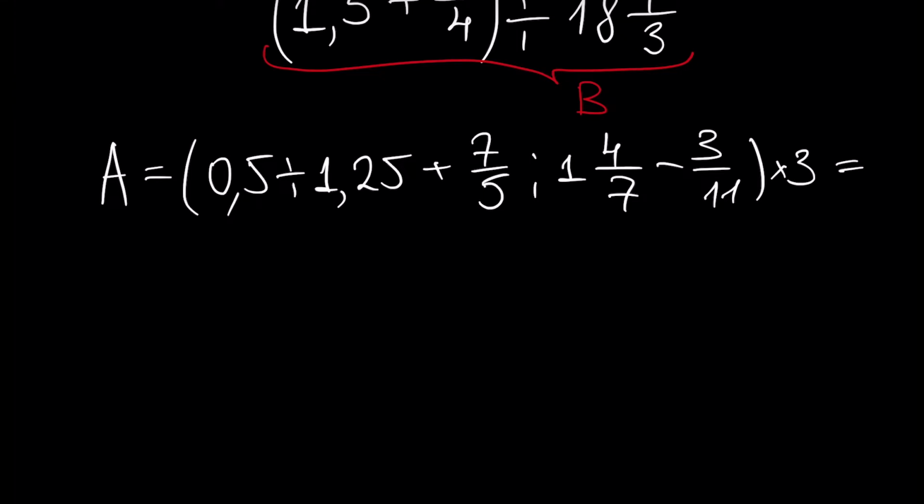First of all, we have to solve everything inside parentheses and inside braces. First we solve this one, and next this one. I'm giving the order of operations. Then it will be this, and the last one is this.